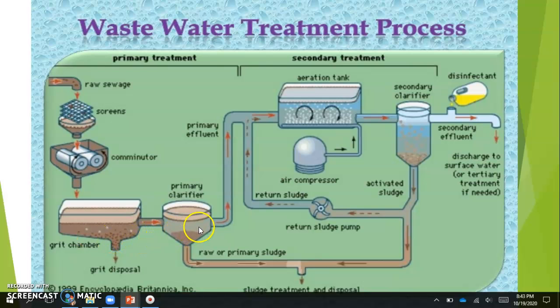And then it will be eventually pumped to those large settling tanks. And this doesn't have all of the steps, but once it gets to the settling tanks, the larger sediments will come out of it, and then it'll be pushed to the aeration tank where we have that oxygen for the bacteria.